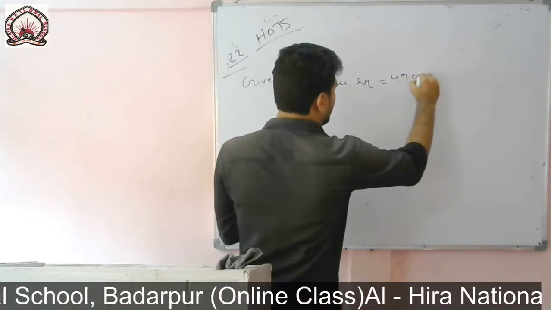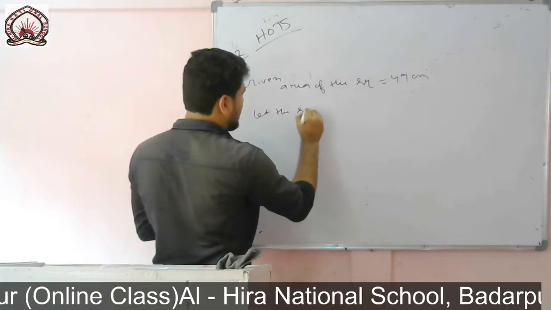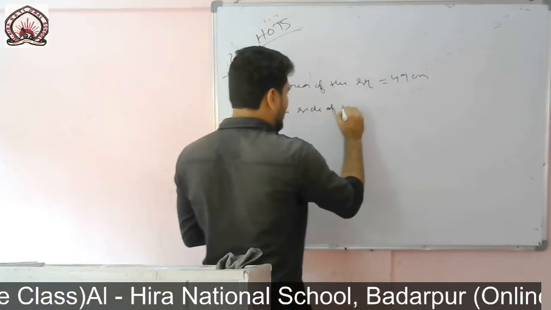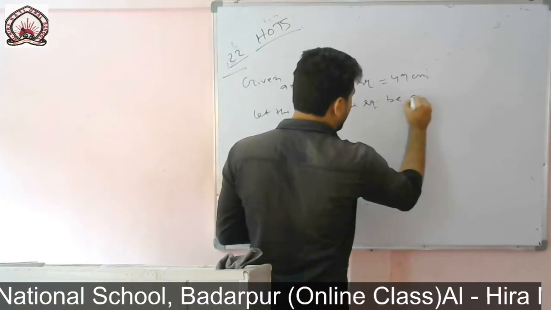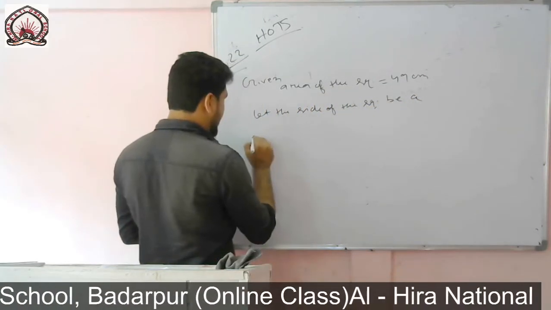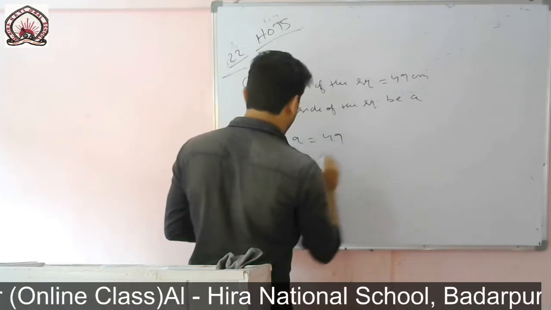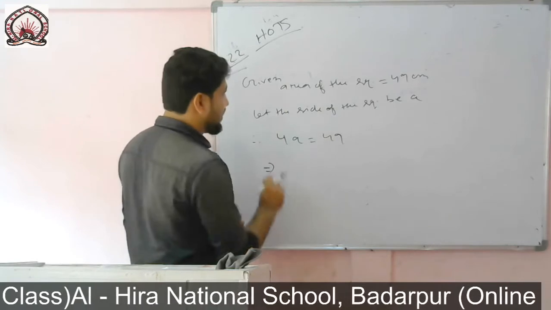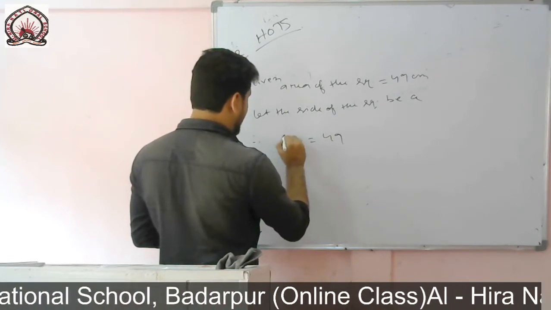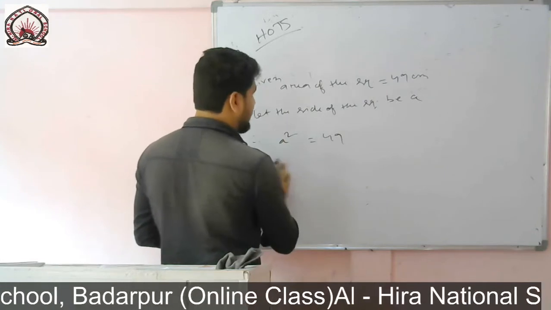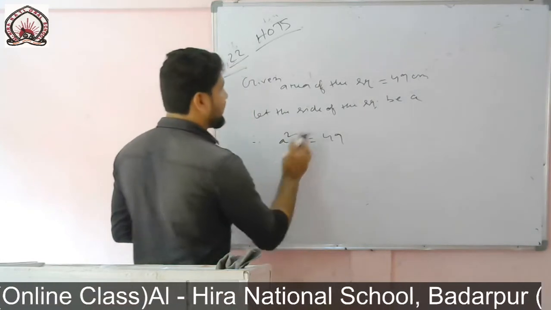Let the side of the square be A. Sorry, not 4A, you can write A square equals 49, because we know side square equals area of the square.